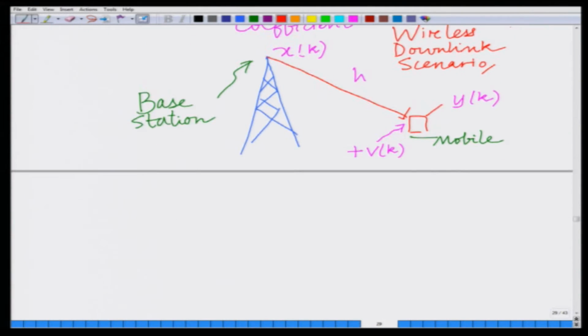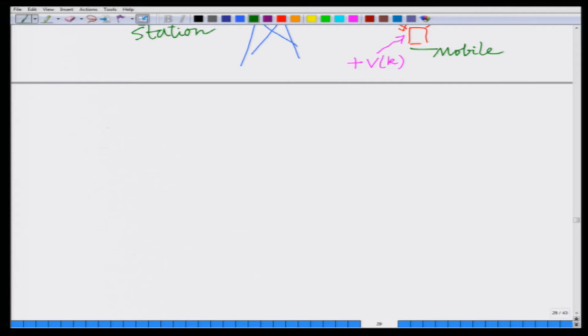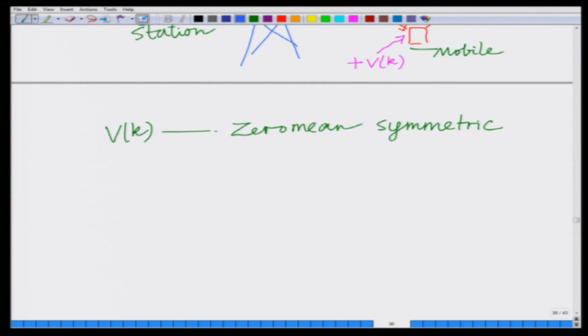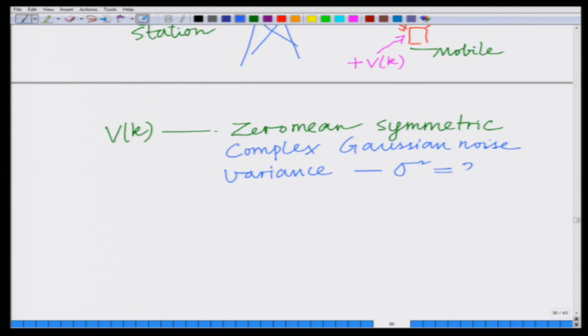All right. So we said Vk is the additive Gaussian noise, and in previous modules we have also assumed Vk to be zero mean. If you remember, Vk is zero mean symmetric complex Gaussian noise with variance sigma square equals 3 dB.